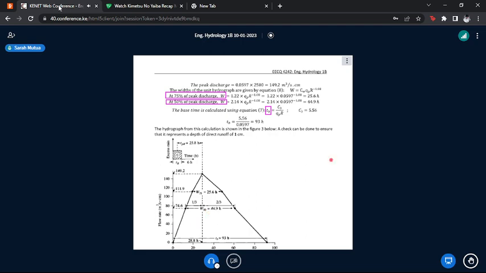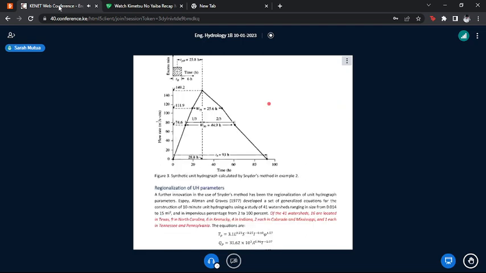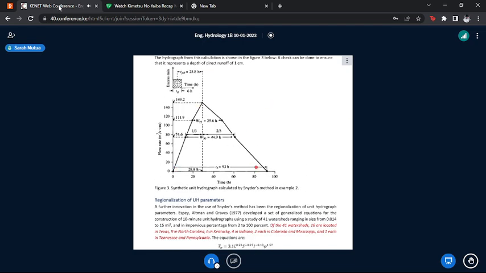Once we have that, we can develop the synthetic unit hydrograph, which resembles more of a triangle.